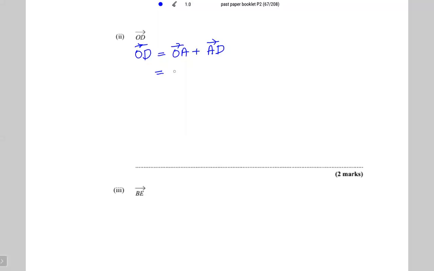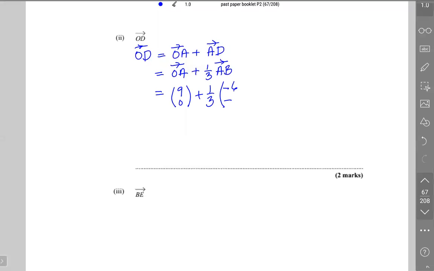So this is OA plus 1/3 AB. AD is 1/3 of AB. OA is 9, 0 plus 1/3 AB, which is minus 6, 6.